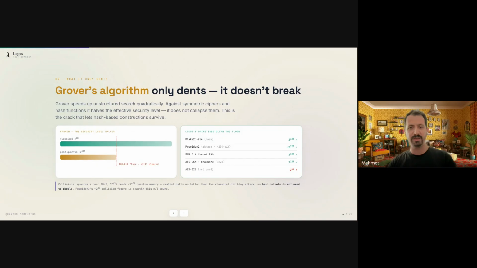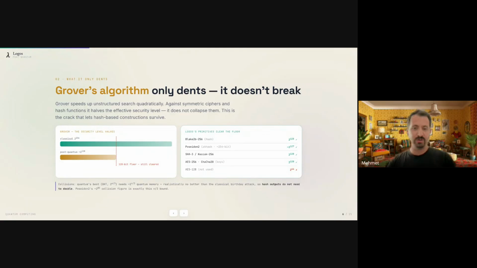Therefore, for those algorithms, we can say that we can still use them even if there is a high-scale quantum computer. And from the Logos perspective, we use the Blake function as a hash function, the Poseidon function, and also AES for encryption. We can say that we are on the safe side for those algorithms.